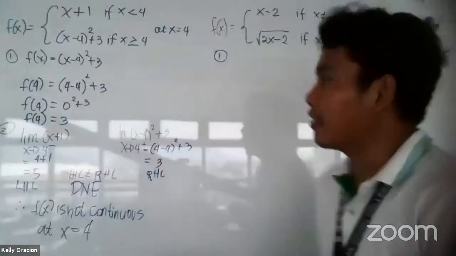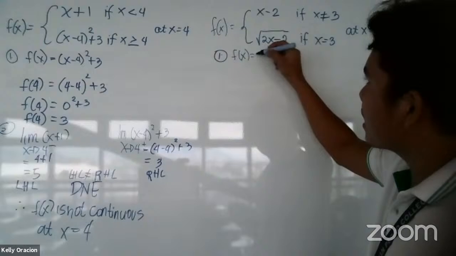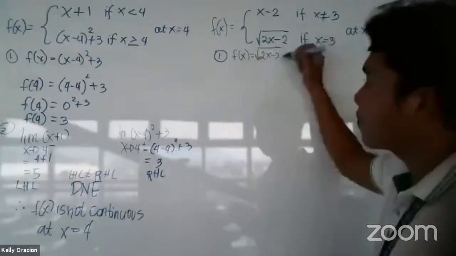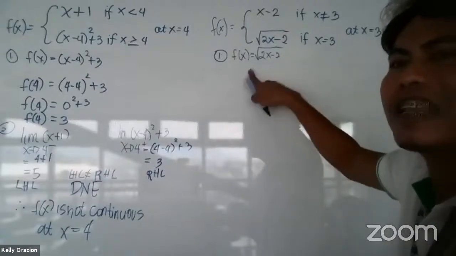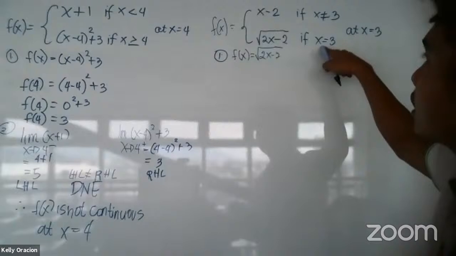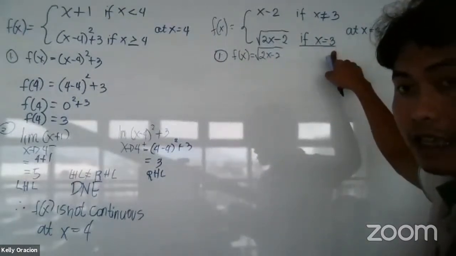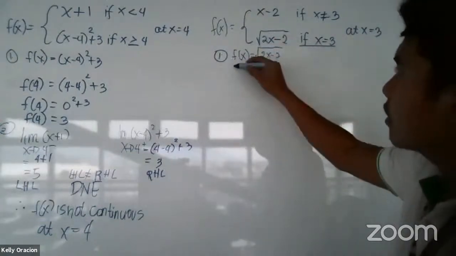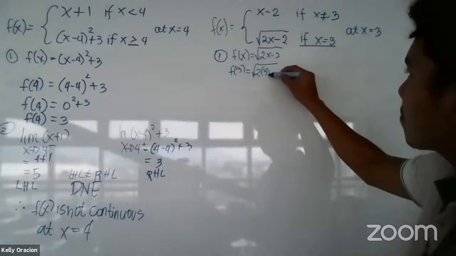So our function f of x is the square root of 2x minus 2. Substitute. Again, why did we choose this for our first condition? Because if x is equal to 3, it is equal. Substitute. f of 3 is the square root of 2 times 3 minus 2.